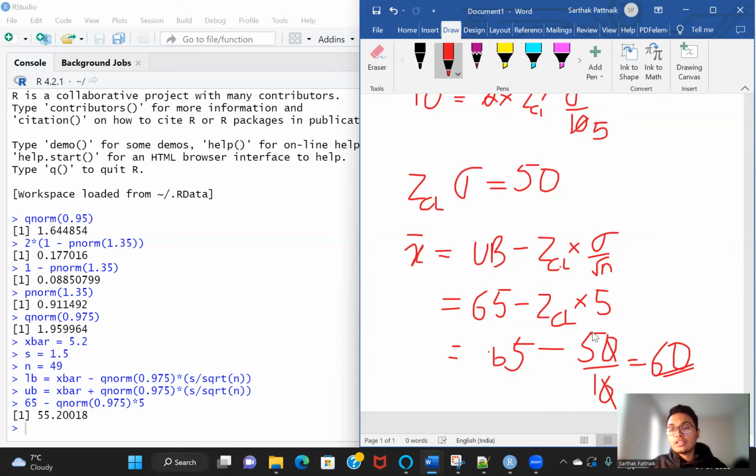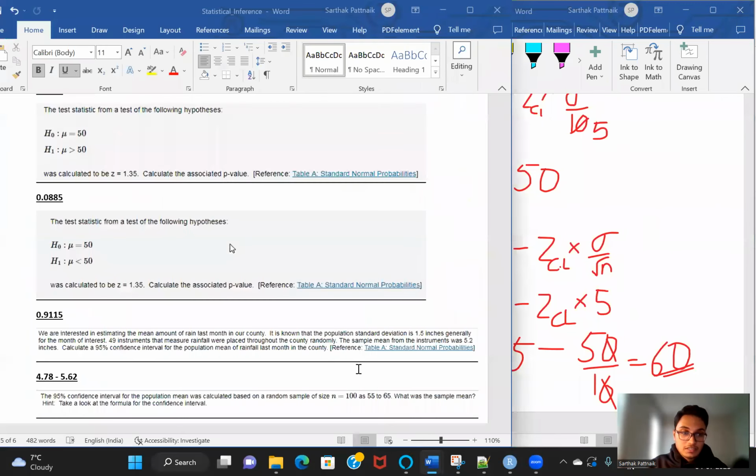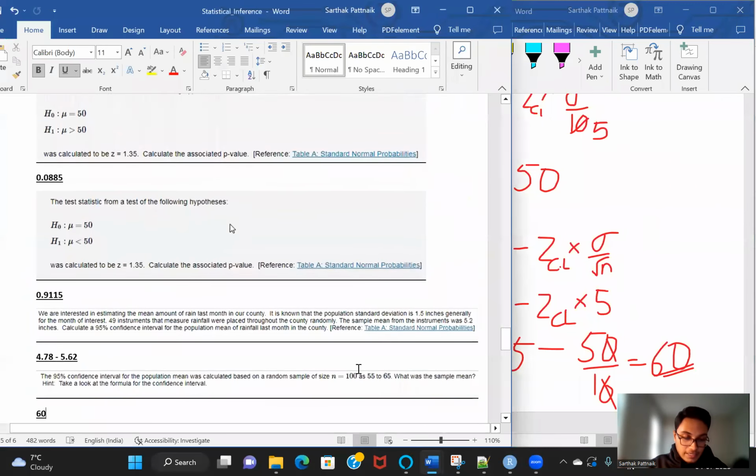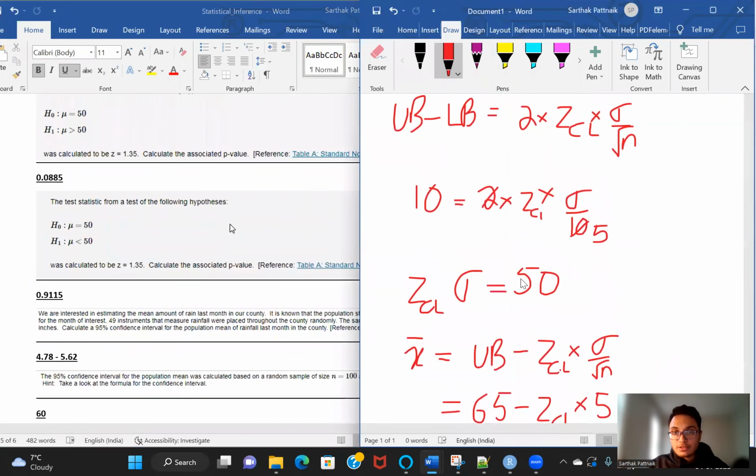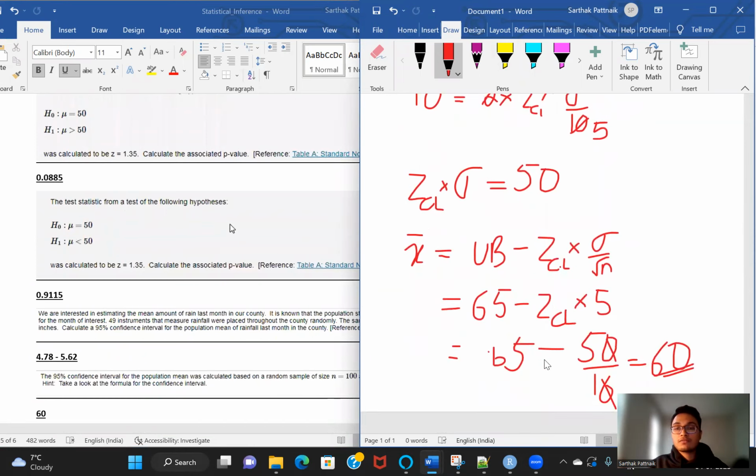There was no need to actually calculate z critical in this case, but let's see what the answer is. It is 60. So I'm so sorry, I made a calculation mistake over here. This value is going to be 50, from where you can just calculate it once again from that equation.